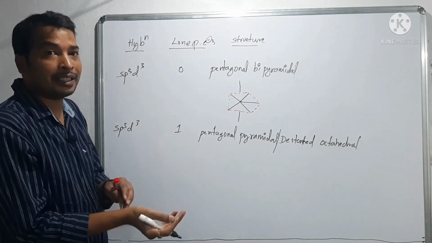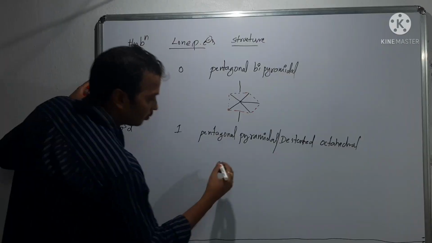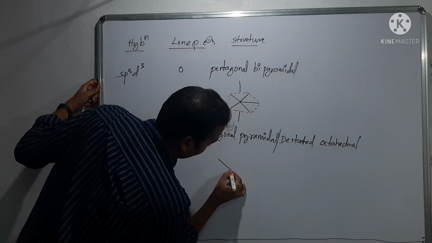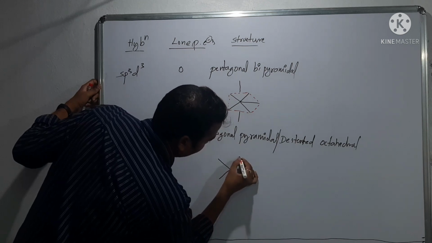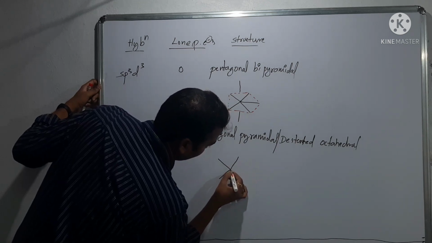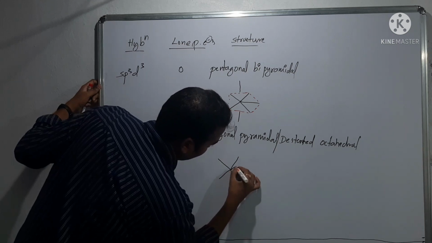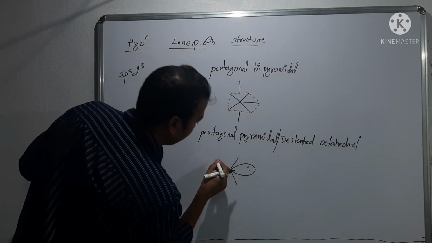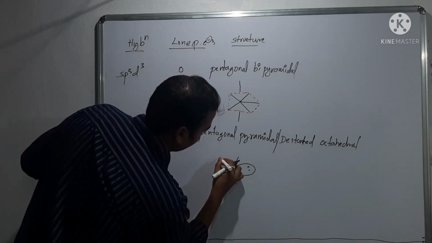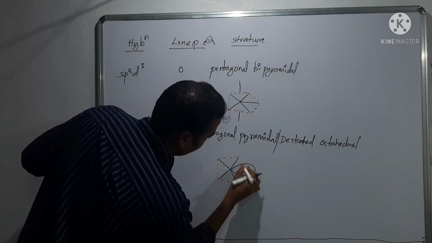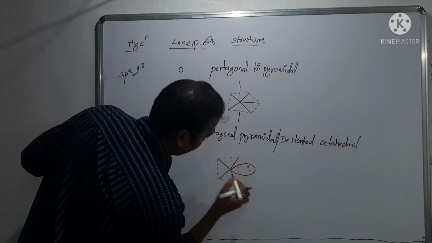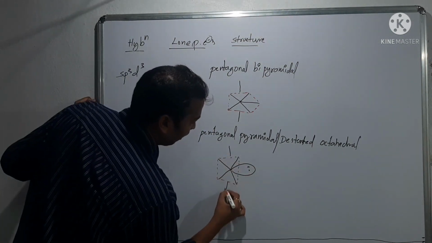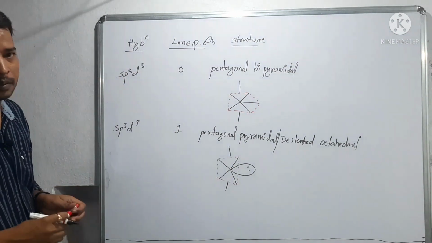It looks like a disturbed octahedral shape. So this looks like a distorted octahedral shape.